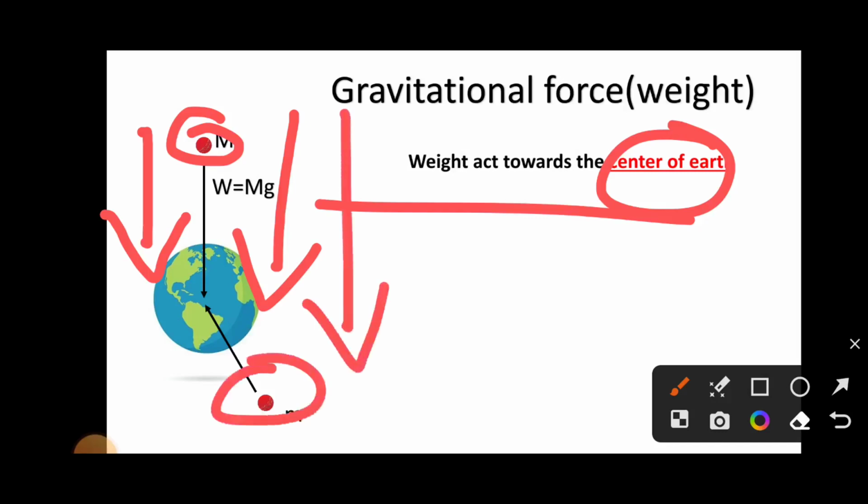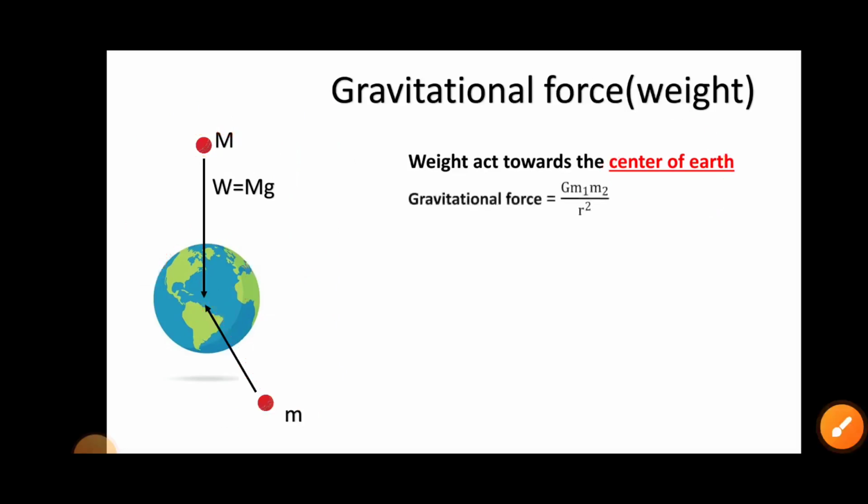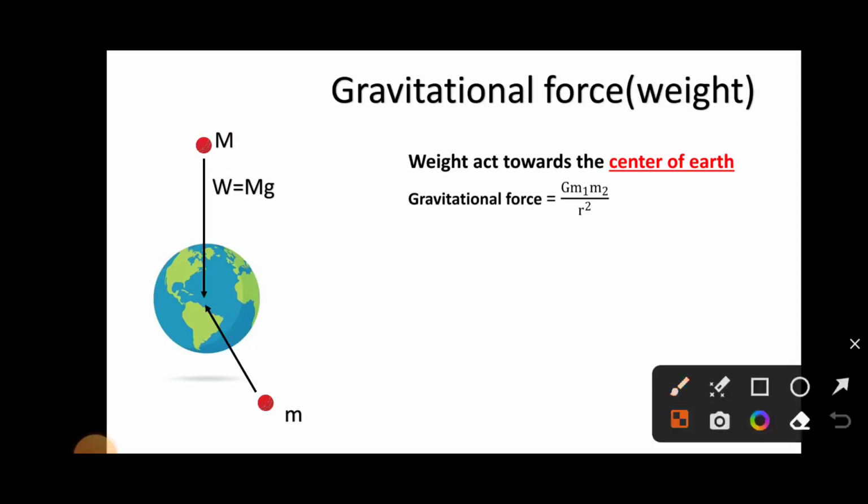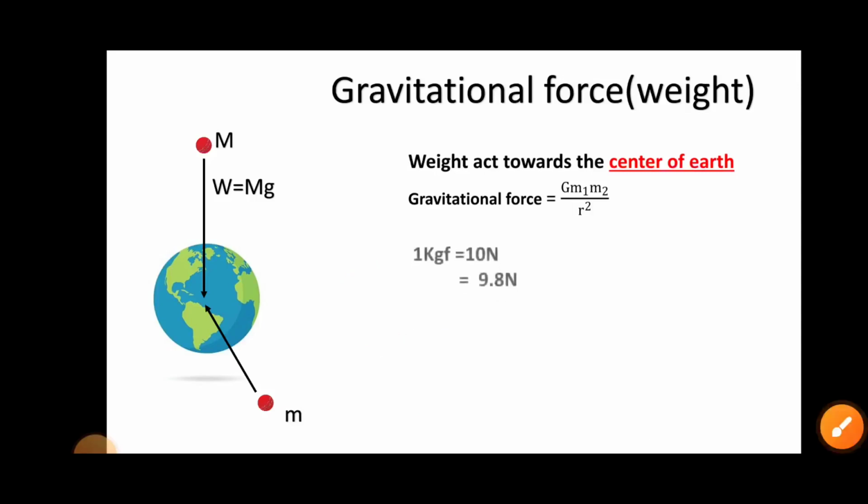Suppose the mass is here, then it is also attracted towards the center of the earth. The gravitational force is equal to G m1 m2 upon r square, where m1 and m2 are the masses and r is the distance between them. Here 1 kgf is equal to approximately 9.8 Newton, or about 10 Newton.